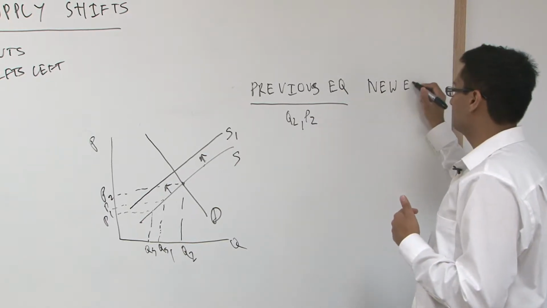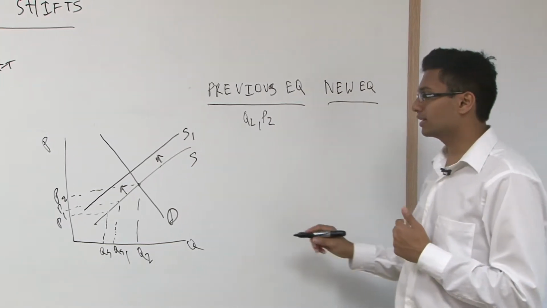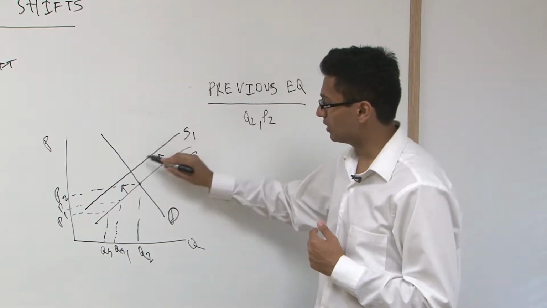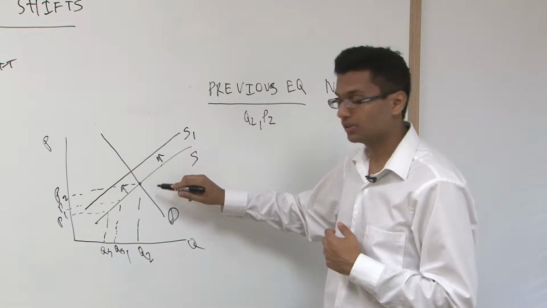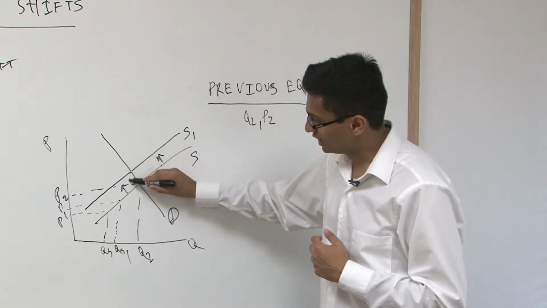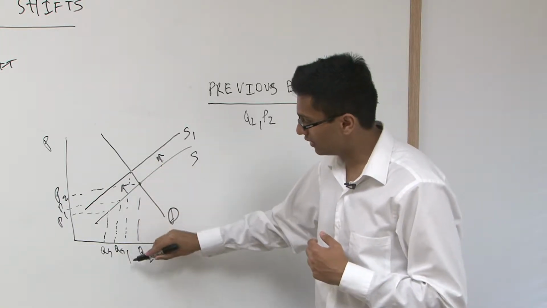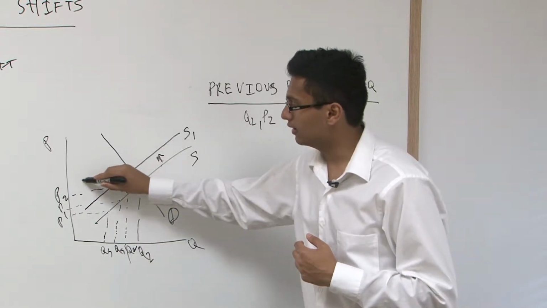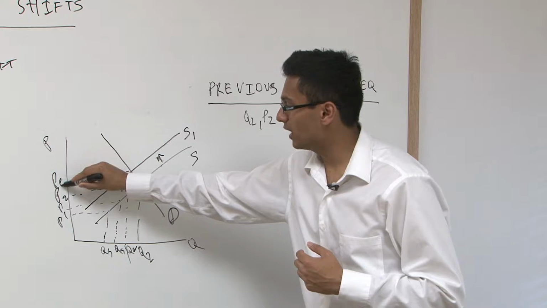Now, my new equilibrium is going to be where the new supply line and the old demand graph intersect. That's QE and PE. I hope everyone sees this.